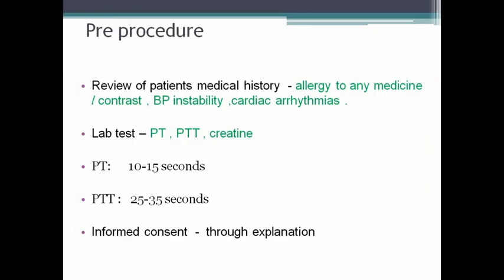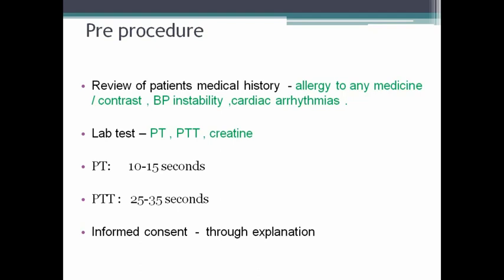What is the pre-procedure? Always you should collect the patient's history, pre-data, any scan, any ultrasound, CT, MRI. If available, that should be collected, so that it will be useful for you to do the study and to know the history of the patient.